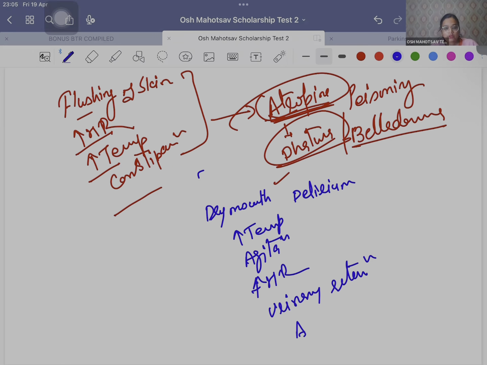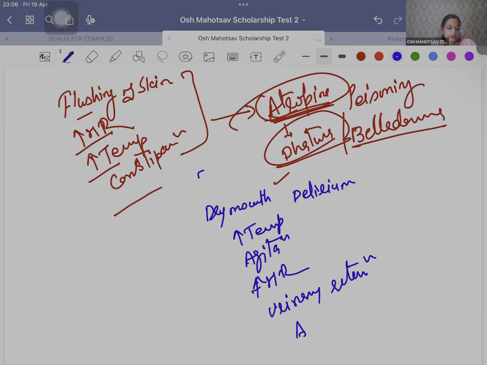Because of the D2 blocker, it has an antiemetic effect, means the vomiting will subside. It also has 5-HT4 agonist activity, that is serotonin receptor agonism. So it is a prokinetic and also helps in GERD. Why GERD? Because it increases the lower esophageal sphincter tone, increases gastric emptying, so it helps in gastroparesis, and also increases small intestinal motility.